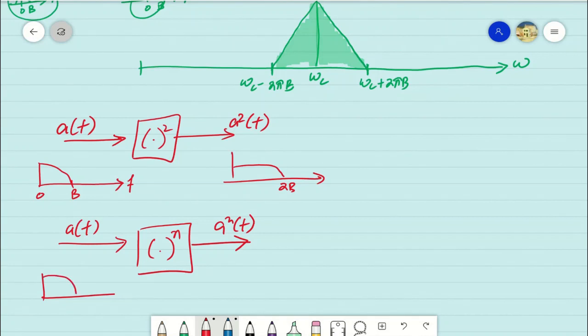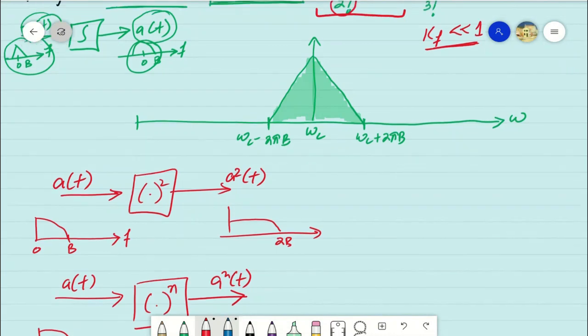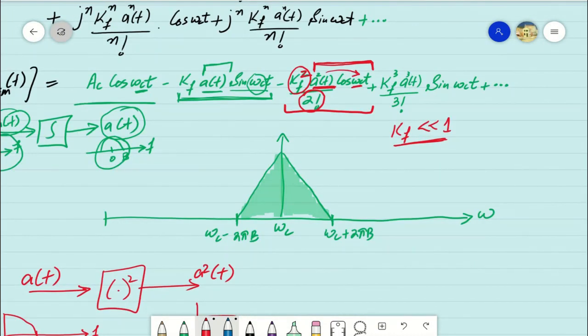If a of t was band limited and its bandwidth was b hertz, then a of t raised to the power n will be of bandwidth nb. So by considering this, a square of t has double the bandwidth compared to a of t, and it is being scaled with a very small number. So this third term has very small power, and it is of double the bandwidth compared to the second term.